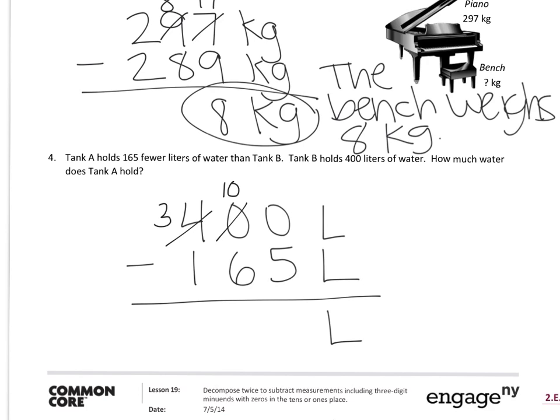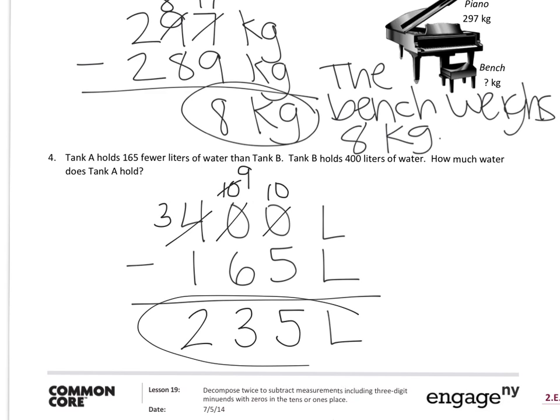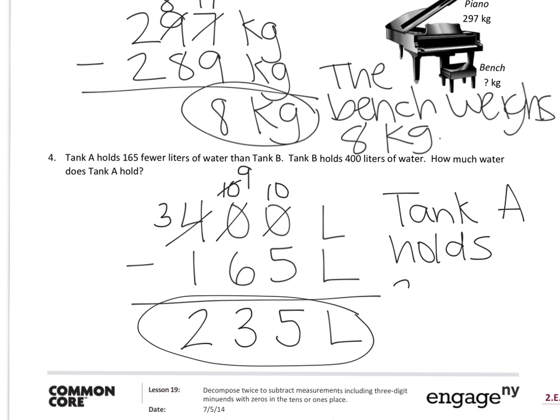Now I can borrow from this neighbor, and I have 10 ones. 10 minus 5 is 5. 9 minus 6 is 3. 3 minus 1 is 2. 235 liters. Tank A holds 235 liters of water.